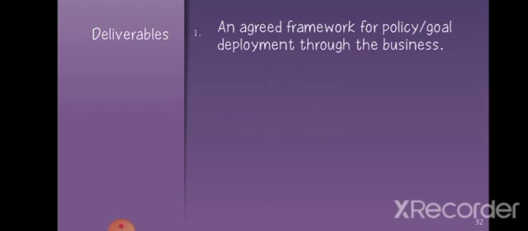So there should be an agreed framework for policy or goal deployment. It should be agreed, as I have said before, so that when there is a conflict or something that doesn't fit, you can adjust it to fit, or remove it if it is not necessary at all.